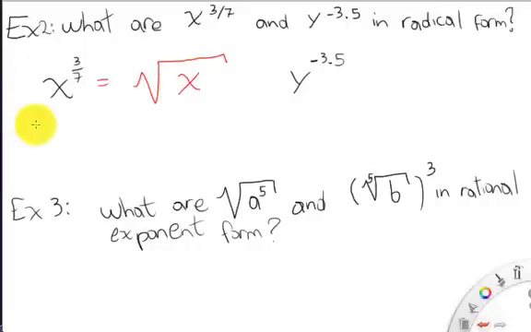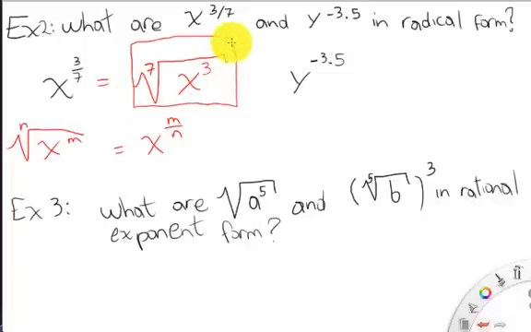The rule is the nth root of x to the m equals x to the m over n. The denominator is going to be my root. So in this case, the denominator is 7. The numerator, the one on top, is my 3. So the correct answer is this.